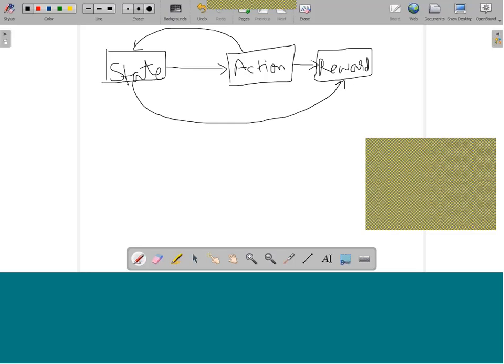So what is the environment? Let's consider the Pong game. Can anyone tell me what the environment is in the Pong game?